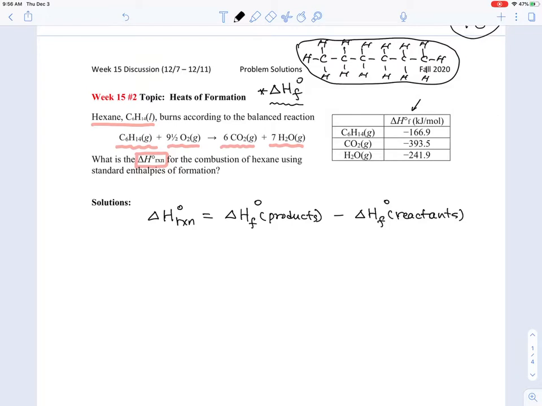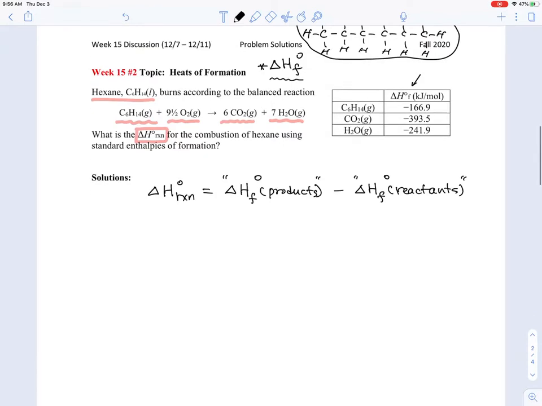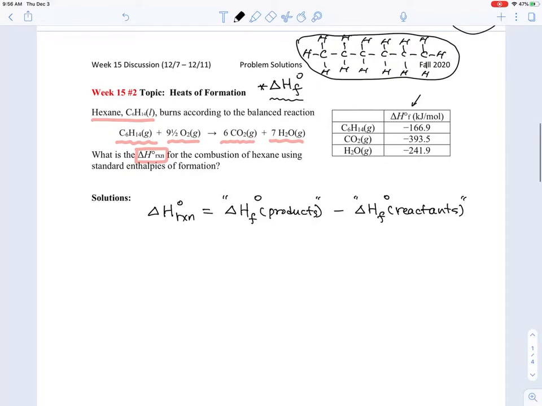As the reaction is written above, this is almost like a before and after story. Finally, you became product; before, you were reactant. So final minus initial is what is defined as delta H. So let's try to figure it out.